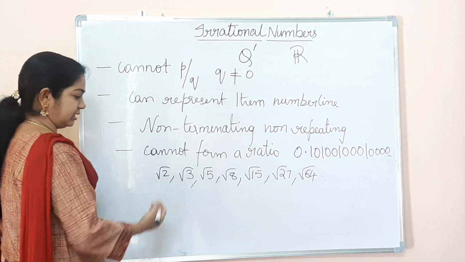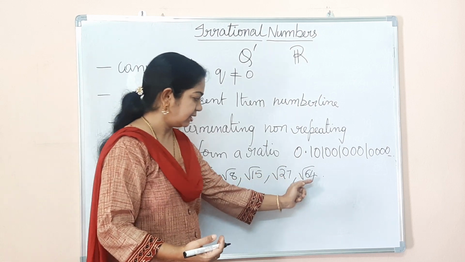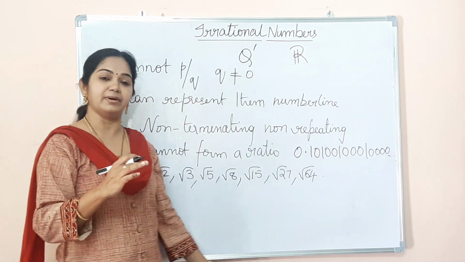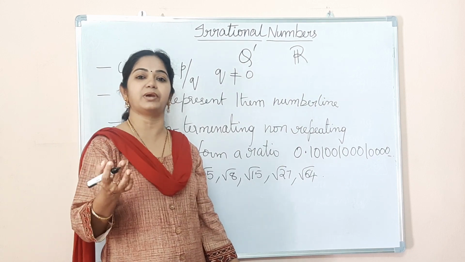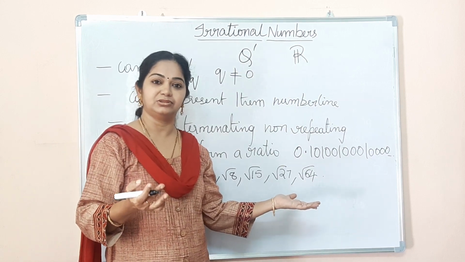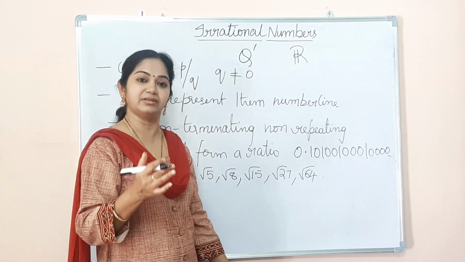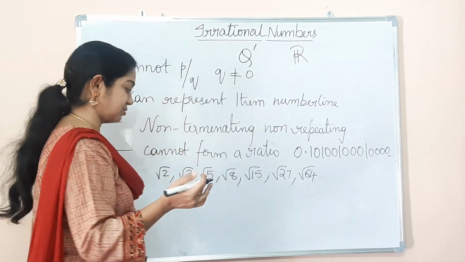When we see all these irrational numbers, you may get a doubt. You may ask me, ma'am, are all the numbers coming under a square root irrational? No, it is not so.